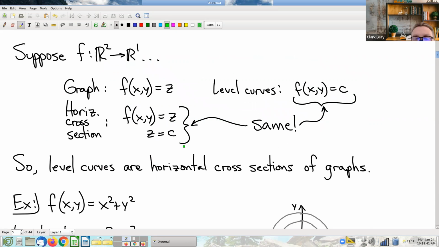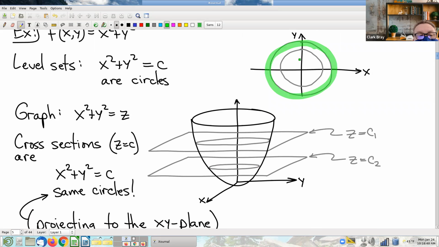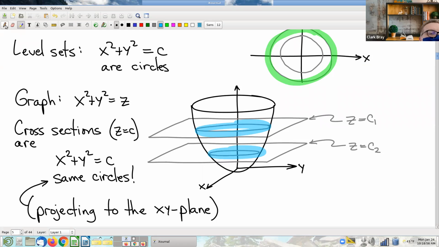The level sets live in R2 in this example. The graph lives in R3, so its cross sections live in R3. So you do have to technically take these cross sections and project down into the XY plane to get the level sets. But as far as the equations go, they're the same. Okay. Familiar? I hope everybody remembers all this stuff.